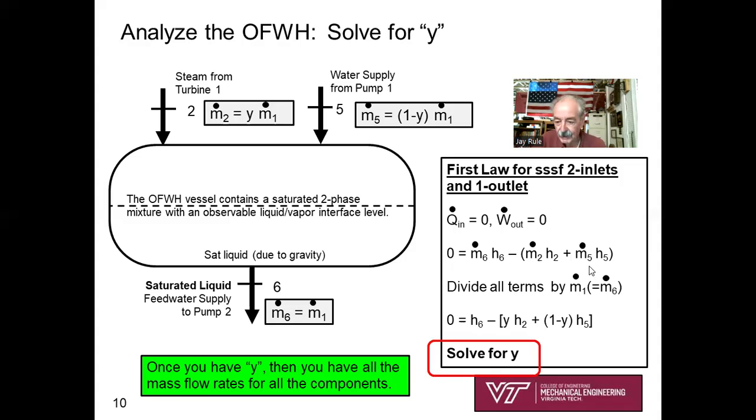Now let's see, if we divide all of these terms by m dot 1 and recognize that m dot 1 exactly equals m dot 6, okay, you can show that.